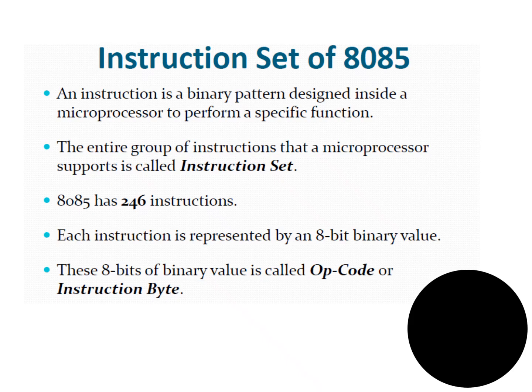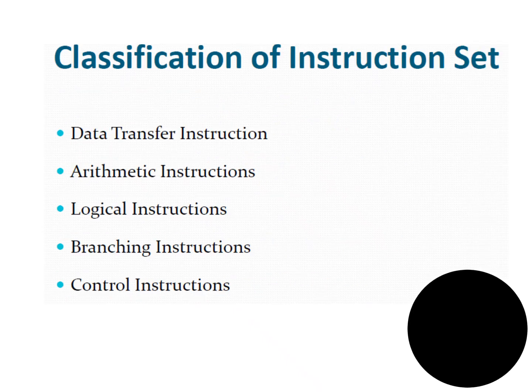Okay, so there are 74 basic instructions which can be grouped into 6 categories. The categories displayed here are data transfer instruction, arithmetic instruction, logical instruction, branching instruction and control instruction. Data transfer instruction helps us move data from one location to the other.